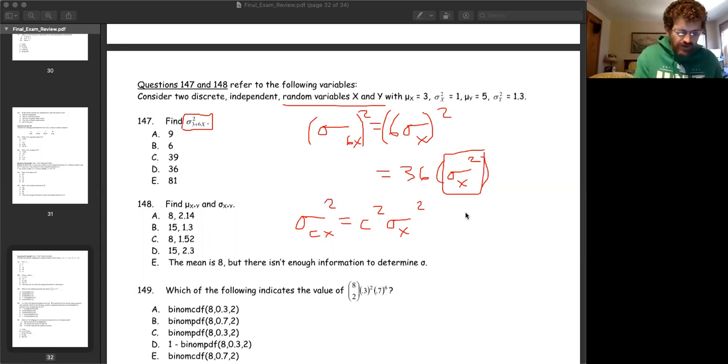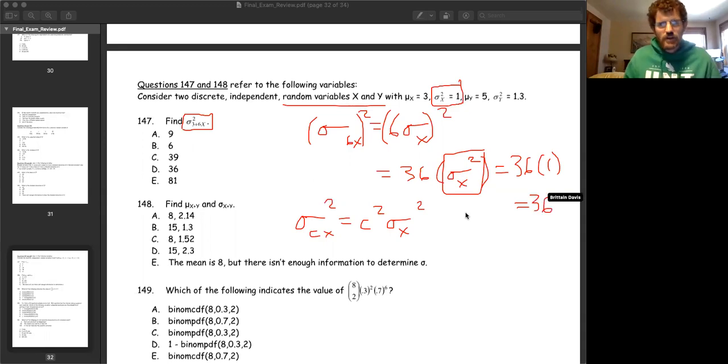The variance of x given here is 1. So it's just going to be 36 times 1, which gives me 36. I would not put a question like this on the exam tomorrow, but I'm glad that this one's here so we can talk about it. And so the answer is D. Okay.